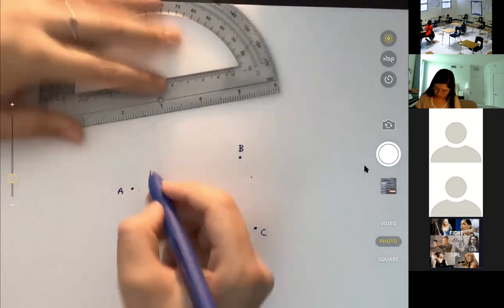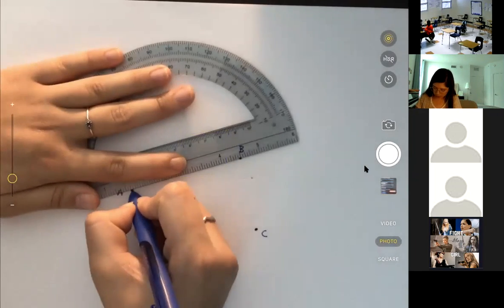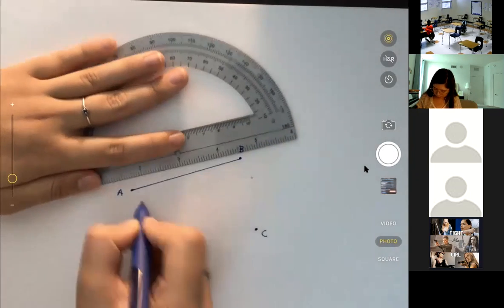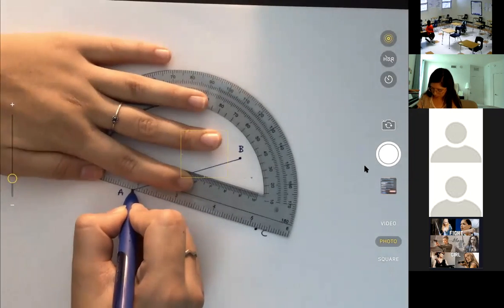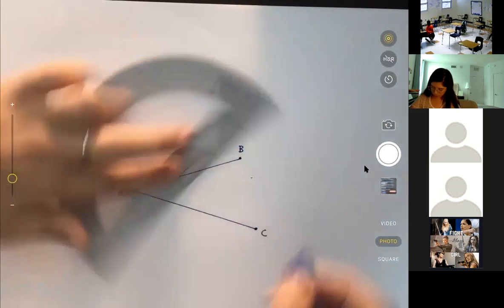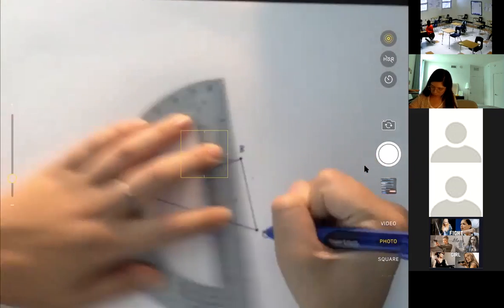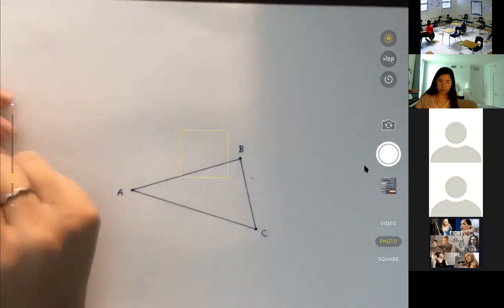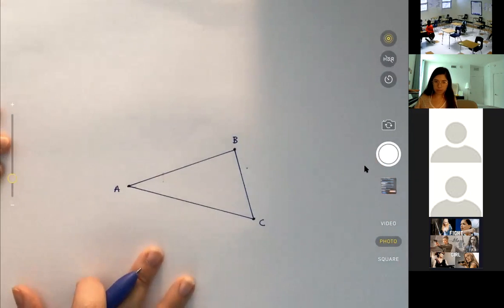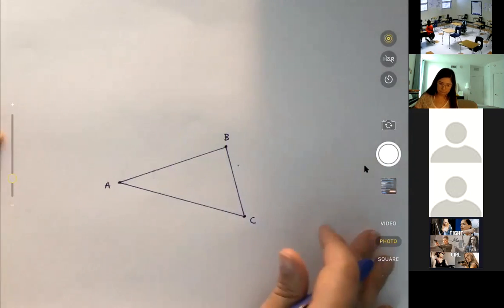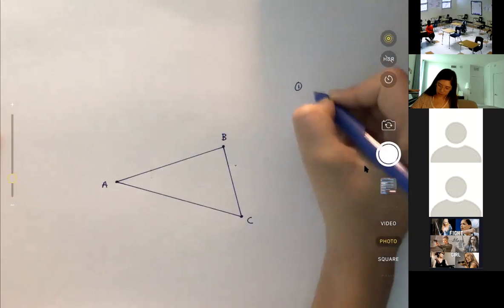But here's an opportunity for you guys to walk me through it. See how much you already remember. Make the triangle. Okay, there's my triangle. Now what do I do? Make a perpendicular bisector. Of what? Of AC.